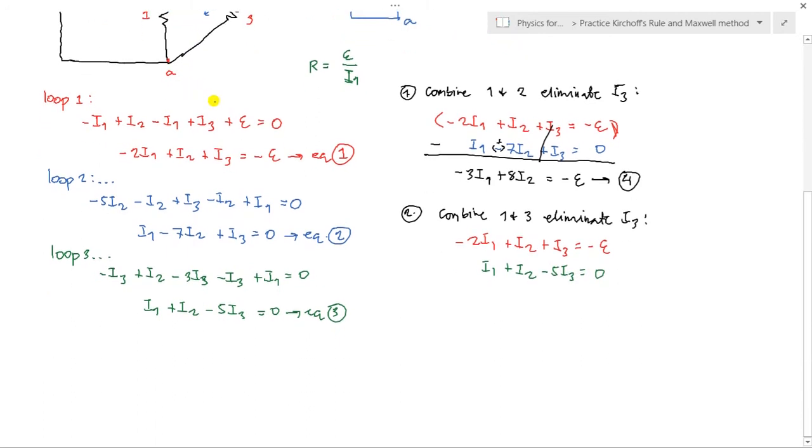So to cancel I3, I'm going to multiply the first equation by 5. Because negative 5 and 5, when added, will cancel. So this would now become negative 10I1 plus 5I2 plus 5I3 is equals to negative 5e.